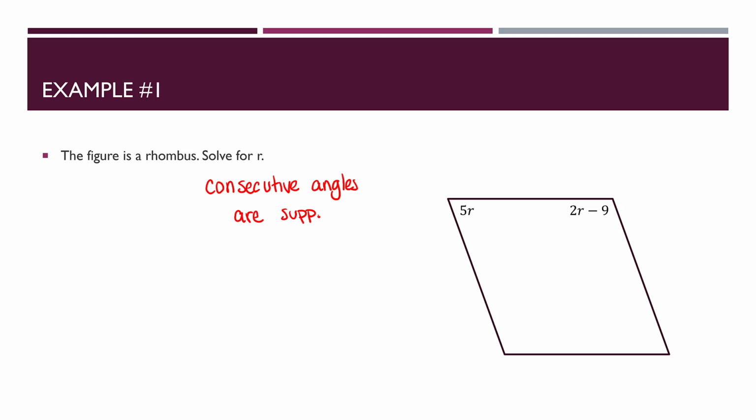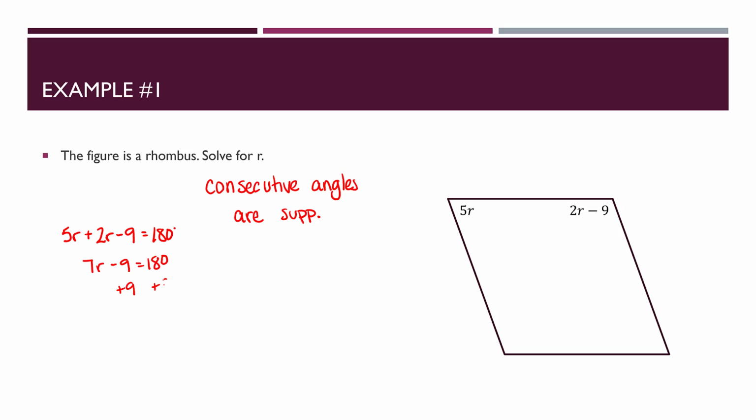And then I'm going to write that out algebraically. So supplementary angles means I can add them and equal 180. So 5r plus 2r minus 9 equals 180 degrees. Solve for r by combining like terms. So 7r minus 9 equals 180.